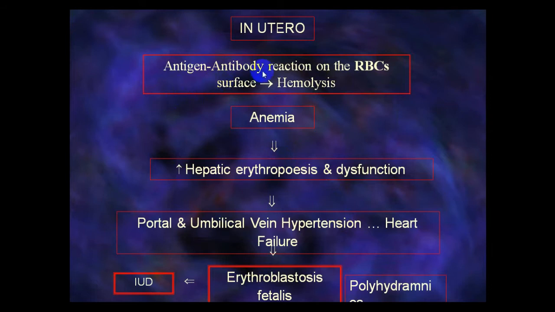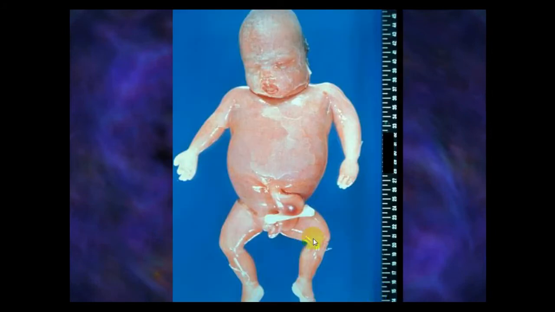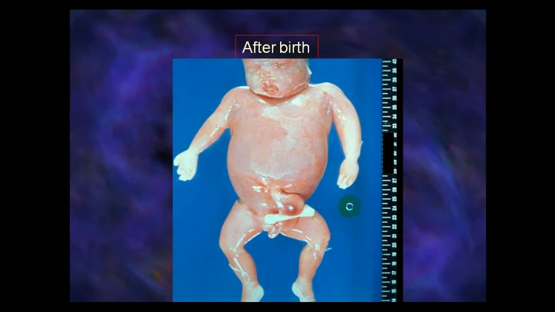In utero, the antibody reaction on the RBC surface leads to hemolysis, and this hemolysis will subsequently develop anemia, increased hepatic erythropoiesis and dysfunction, portal and umbilical vein hypertension and heart failure, and lead to either erythroblastosis fetalis as the picture shows, or intrauterine death, or polyhydramnios, increased amount of fluid, and generalized edema of the fetus: head, abdomen, heart, ascites, and edema below the skin.